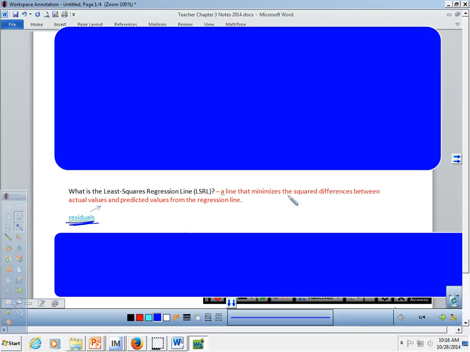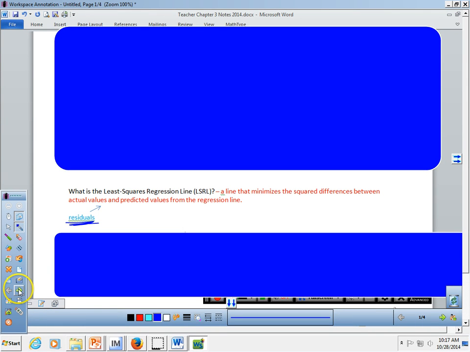So we square them to make them all positive, and we get a more accurate view of our residuals, so of how well the line does at making predictions. So that's what a least squares regression line does. It minimizes those squared residuals. It tries to make those squared residuals as small as possible. Okay?